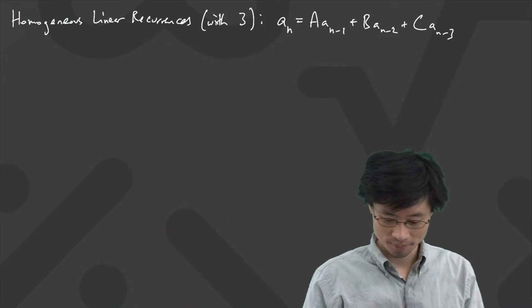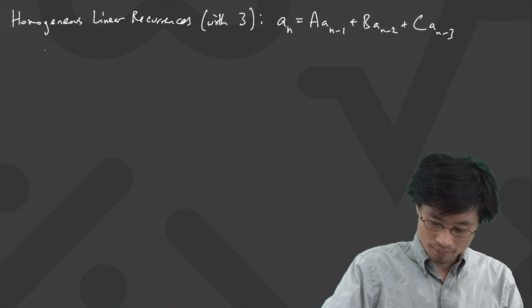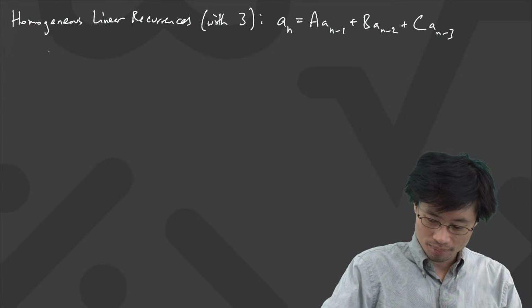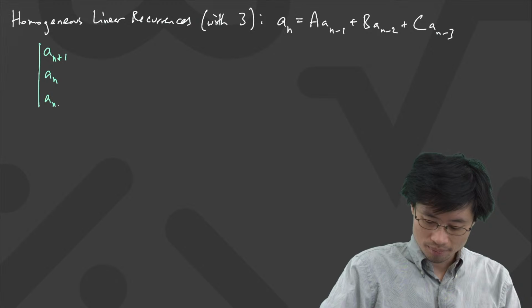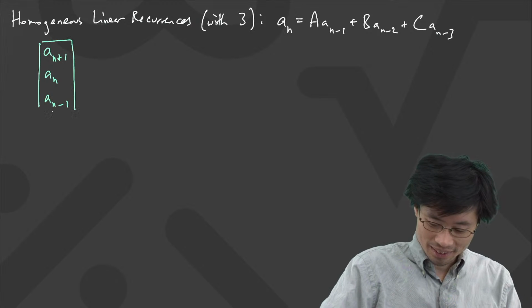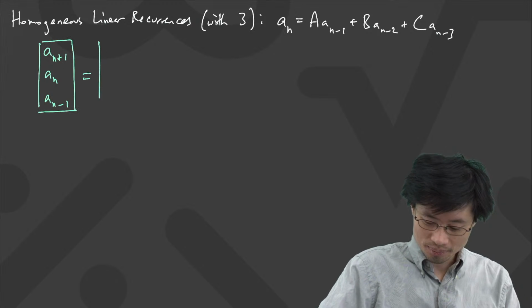Andres. So it's going to be pretty similar, but this time we'll start with a 3 by 1 vector: a sub n plus 1, a sub n, and a sub n minus 1. And then we'll have that equal to a 3 by 3 matrix. Now we have to work.